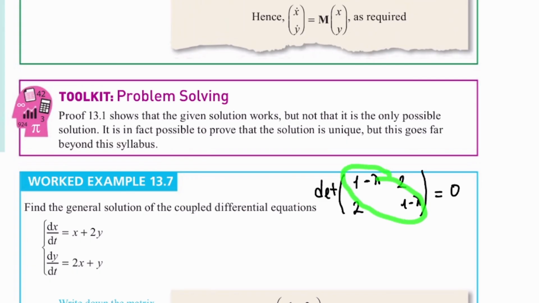So what does it mean? This times this minus this times this equals 0. So (1 minus lambda) squared minus 2 times 2, which is 4, equals 0.